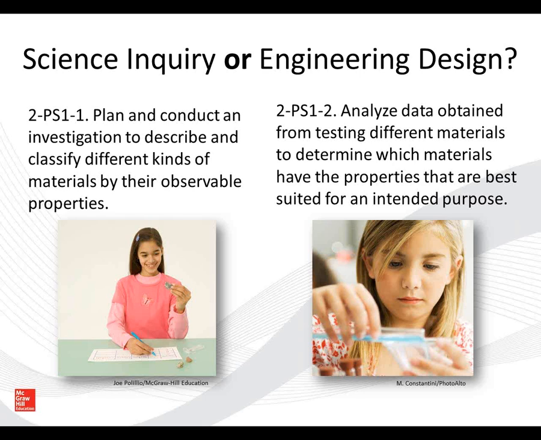So the right-hand one involves the process similar to investigation. In this case, it's to analyze data, so there must be some investigation that provided the data to determine which material is best for solving a particular problem or meeting a particular need. So there's an engineering one, and the other side, there's a science one.